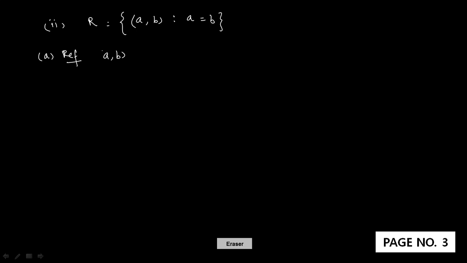Now what about the second part of this question? Second part is: are (A, B) such that A is equal to B. If I am writing A is equal to B, what about the first part, that is reflexive, (A, A)? You have to write (A, A).